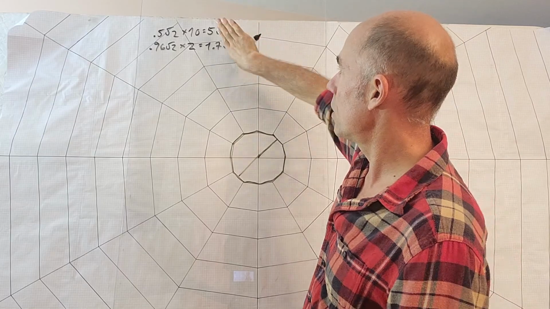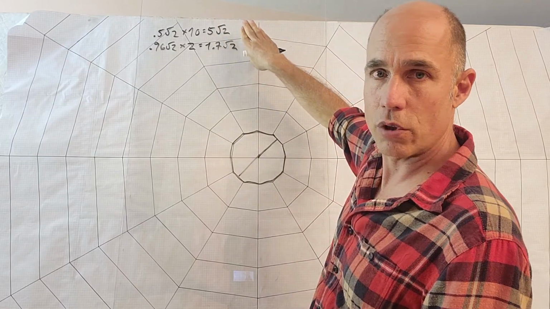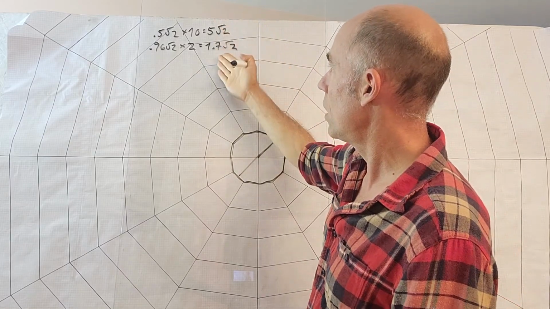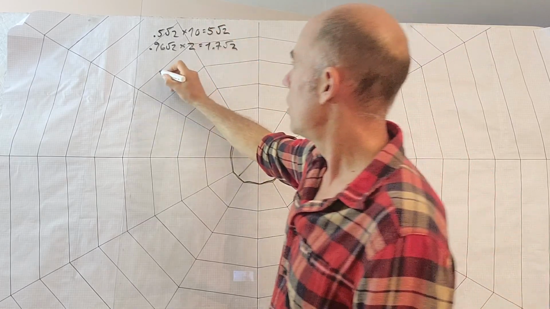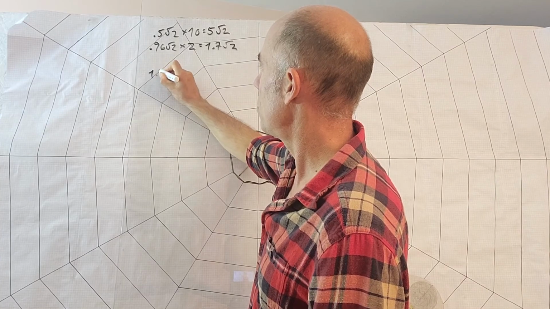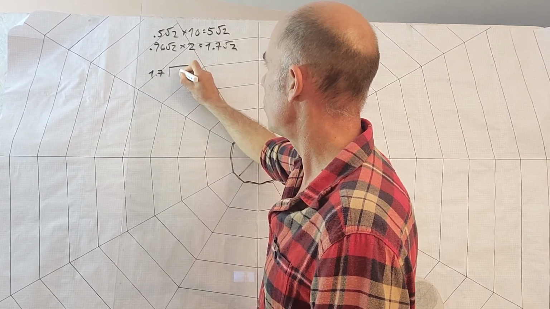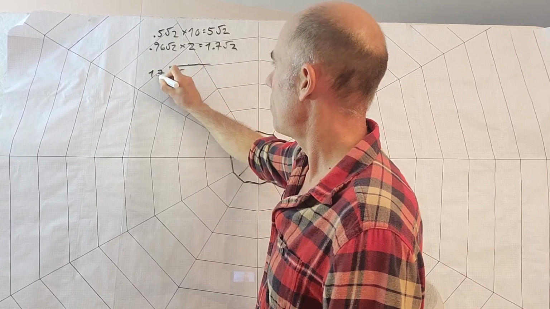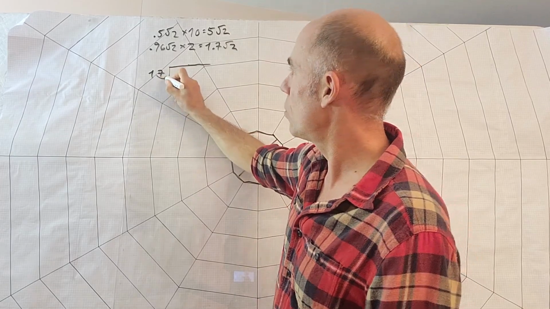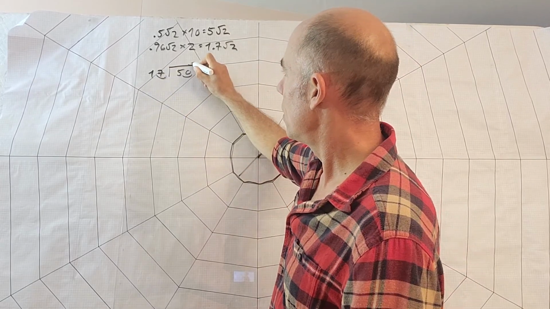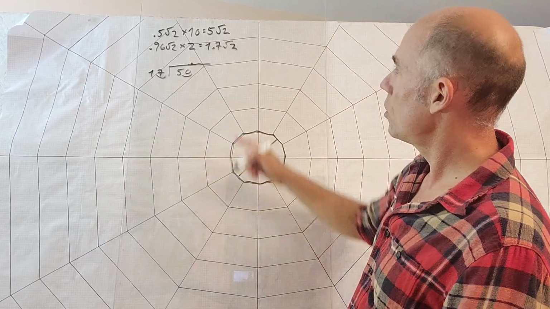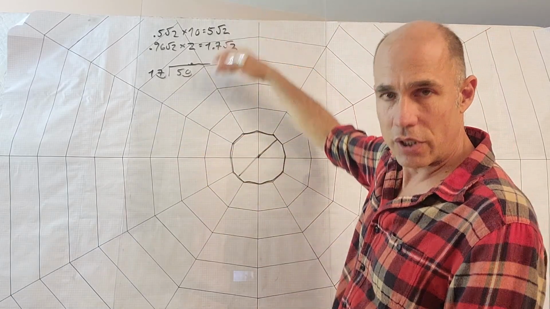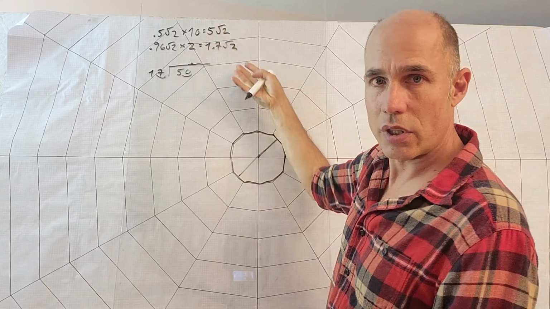We can either cancel the square root of 2 and just do it as a straight division, 1.7 into 5. That's going to look like this, 1.7 into 5. And if I remember correctly, move the decimal place over, so it's basically 17 into 50.